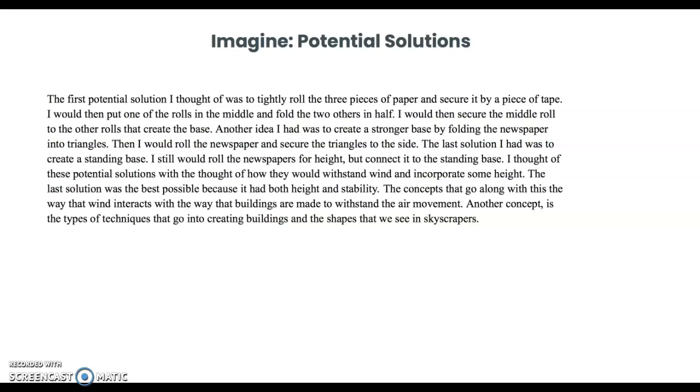And then I would just roll the paper to create a middle part of the tower. And the last idea I had was to create a base that not only is strong but also contributes to the height factor. The concepts that go along with this are how wind interacts with buildings, and then another concept is the techniques that go into creating buildings and the shapes that they are.